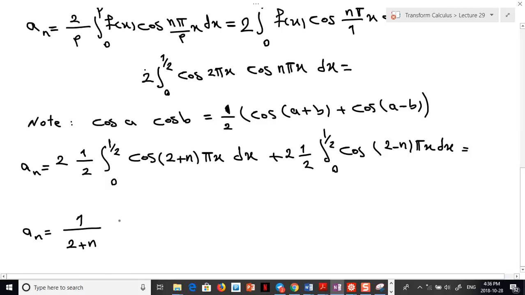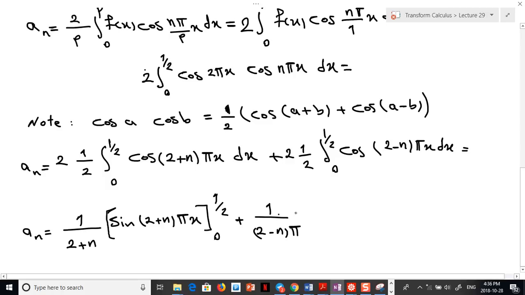the integral of cosine (2 plus n) pi x is 1 over (2 plus n) pi sine (2 plus n) pi x, with the limit of integral from 0 to half, plus the integral of cosine (2 minus n) pi x, which is 1 over (2 minus n) pi sine (2 minus n) pi x, with the limit from 0 to half.